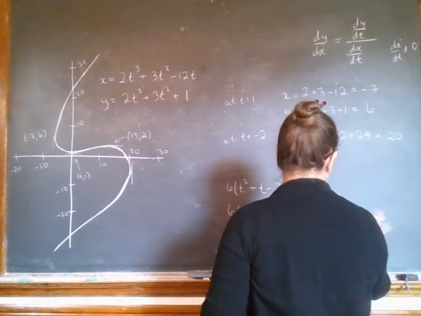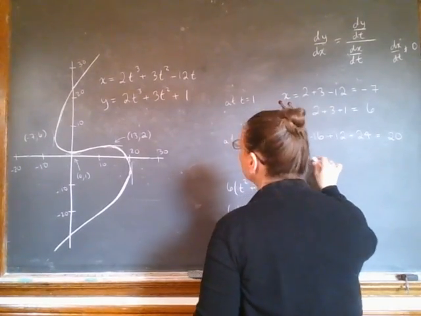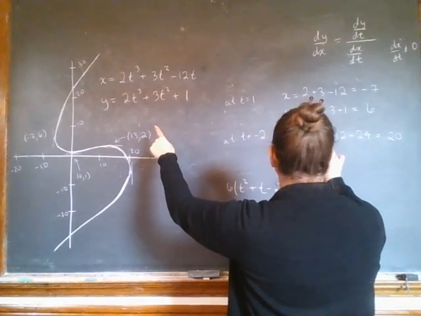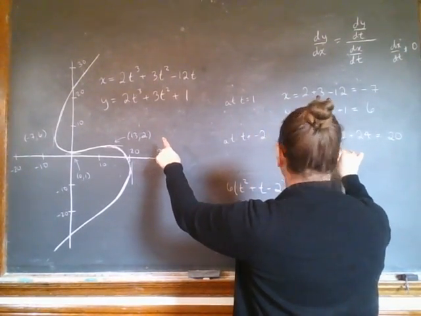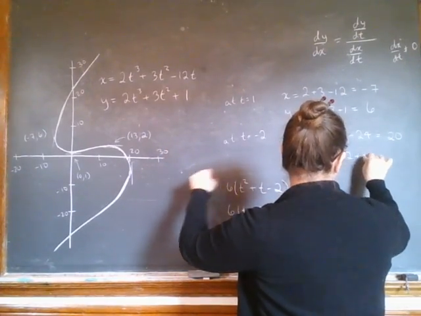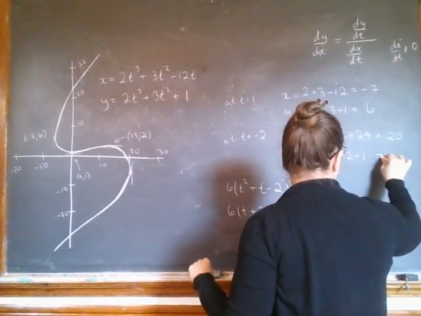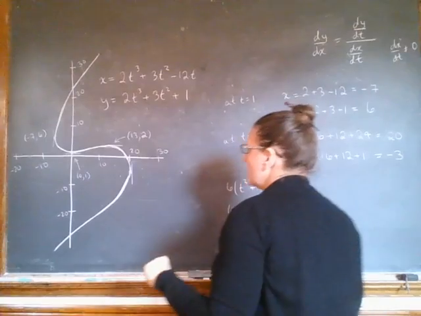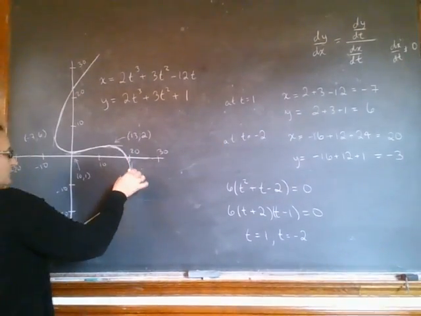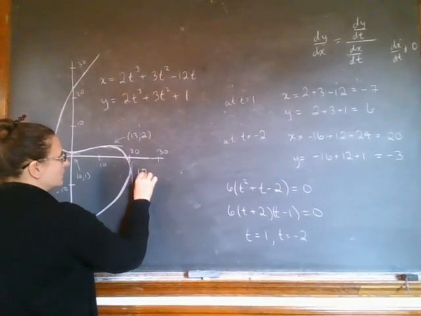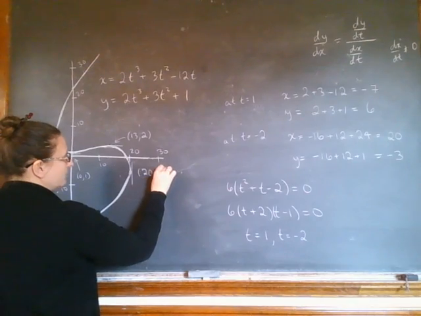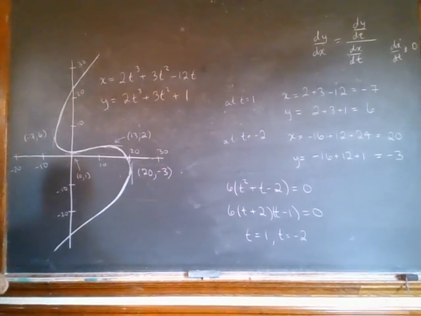Oh, that looks right. Y equals minus 16 plus 12 plus 1, so minus 3. Okay, well, it's a little bit down too far on my graph, but more or less, I'm agreeing with this. That looks about right. Those are the coordinates at that point.